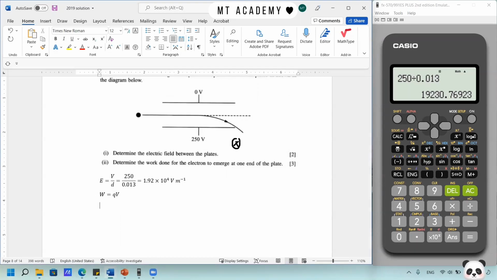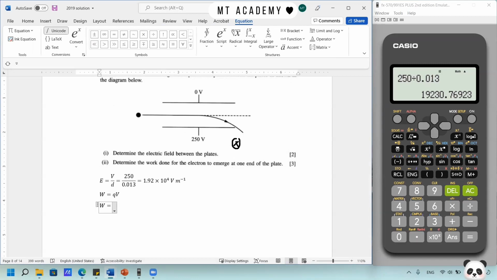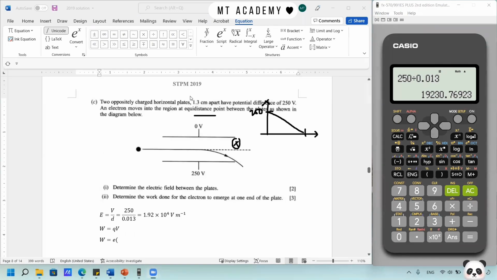So the work done will be equal to the charge, which is the electron charge, multiplied by the potential difference. Bear in mind you are starting from the middle. The electric potential between the two plates is linear. If you have the graph, the distance goes from 250 volt, going outward, linearly decreasing up to 0, and the distance is 1.3 centimeter.